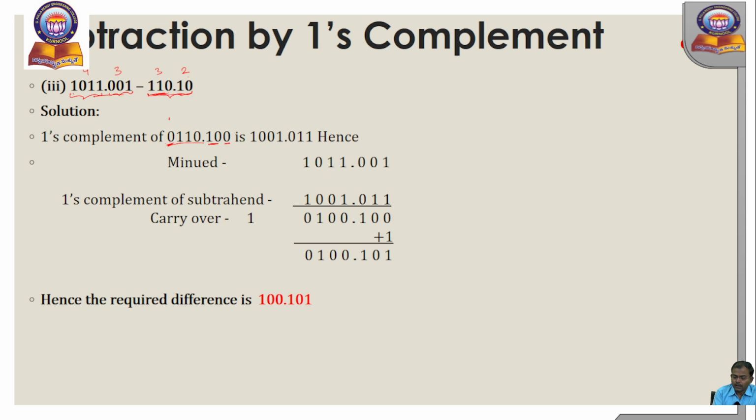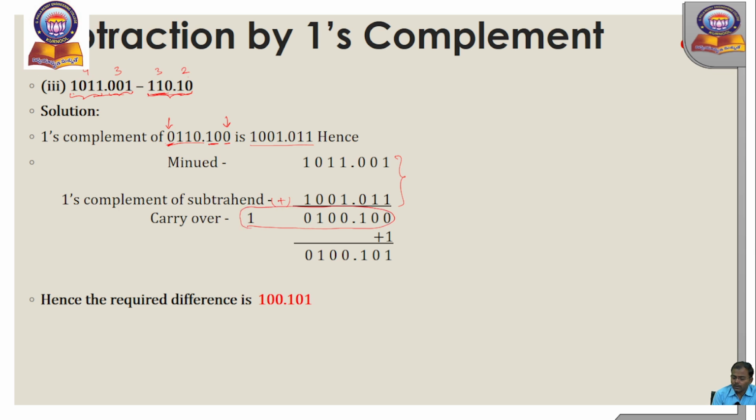So this is the basic difference when subtracting two numbers that include fractional parts. If they have different numbers of bits in the integer part and the fractional part, you have to add zeros accordingly. Now for this you find the 1's complement, then perform the addition of the minuend and the 1's complement of the subtrahend, and I got this result.